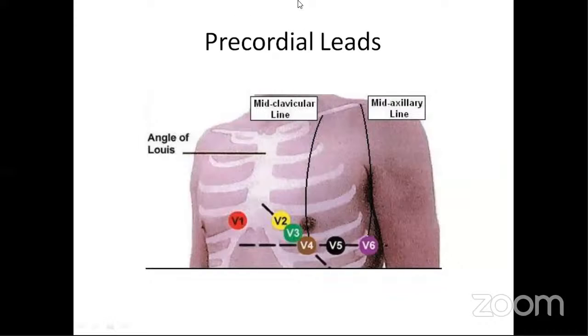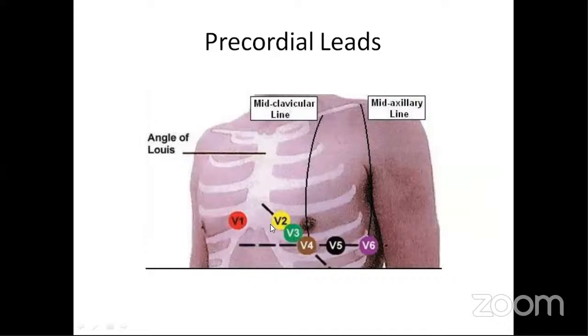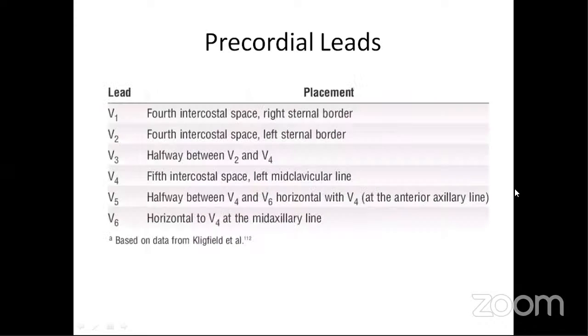See here, 1, 2, 3, 4, the 4th intercostal space. V2 is at the 4th intercostal space, left sternal border. V3 is placed halfway between V2 and V4.